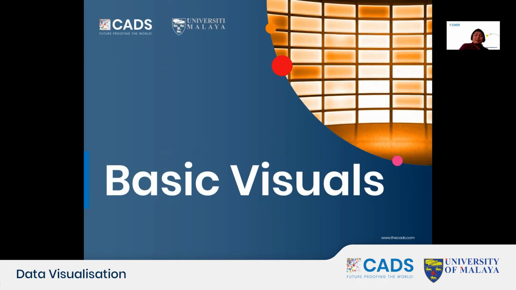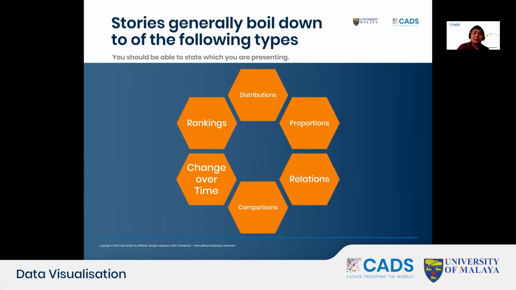So we'll proceed with basic visuals. I've already given you the idea of what a basic visual would be, but before we proceed, we are going through what kinds of visuals. Like I said before, it's hard to escape the data storytelling topic when we are talking about data visualization.